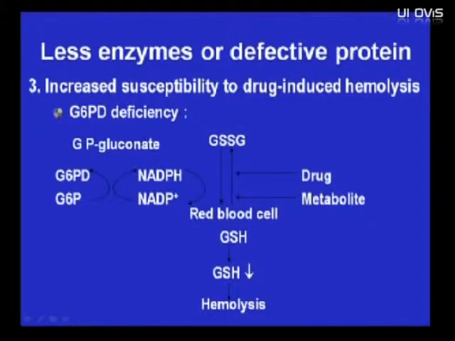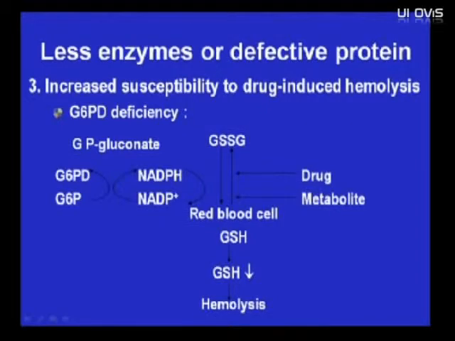or GSH. In patients with G6PD deficiency, there will be less NADPH produced, and this will result in less reduced glutathione produced from GSSG.